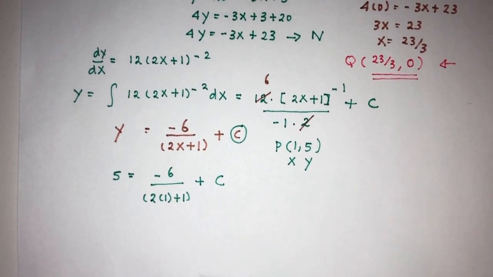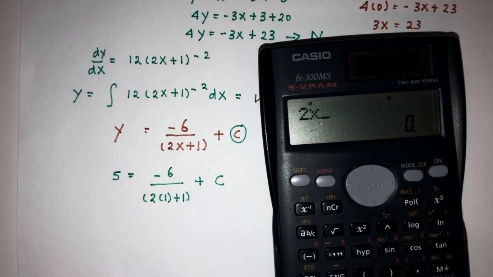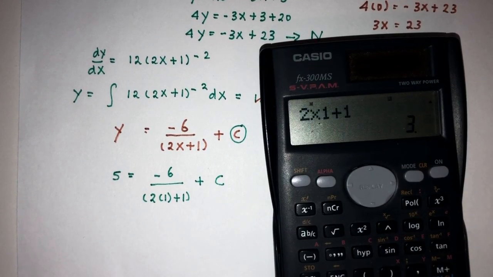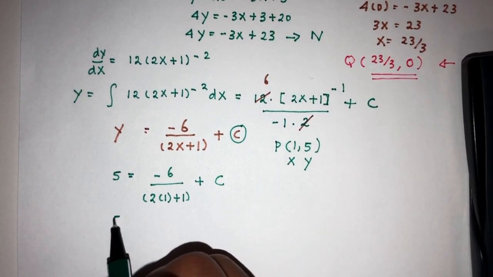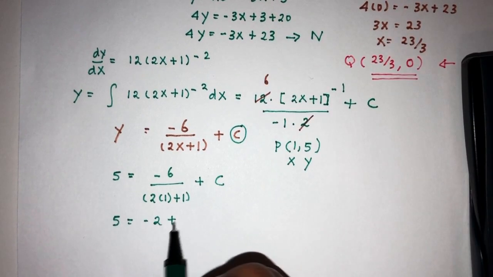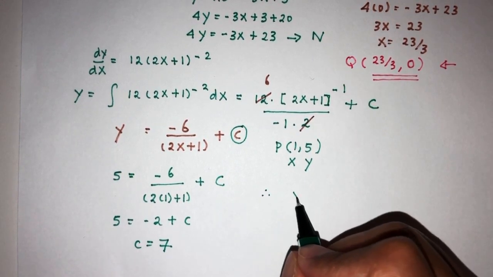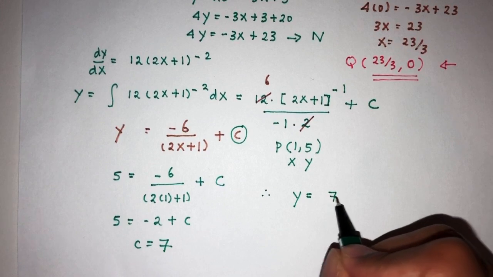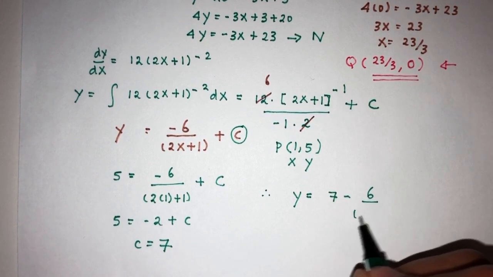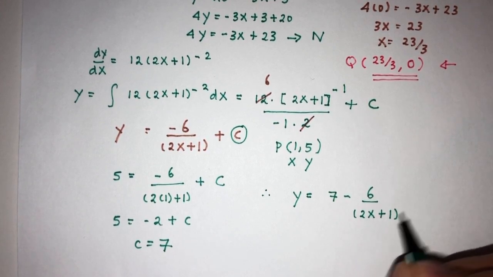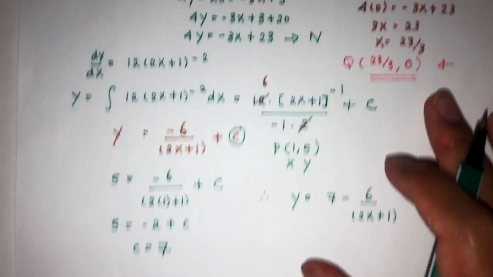So 2 times 1 plus 1 is 3. Minus 6 divided by 3 will be minus 2. So 5 equals minus 2 plus c. c will be 7. So finally, y is given by 7 minus 6 over (2x plus 1) as your answer for the equation of the curve.